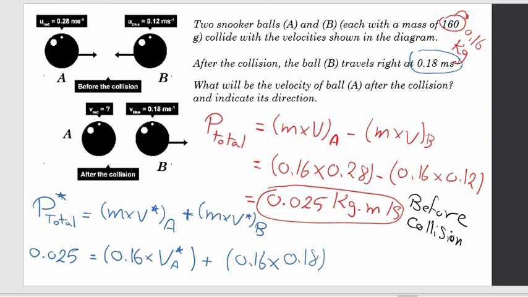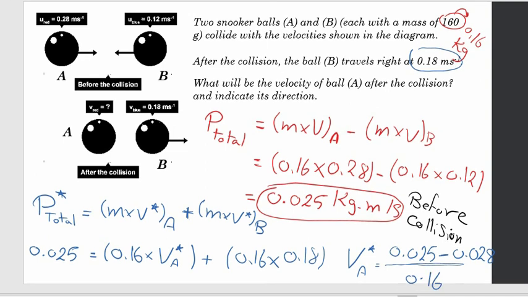This means that V star A is going to equal 0.025 minus 0.028, divided by 0.16.